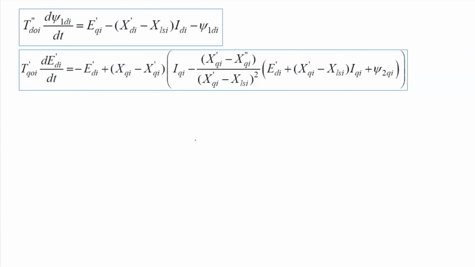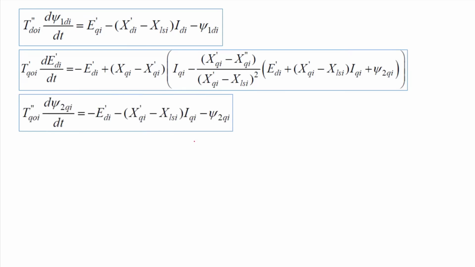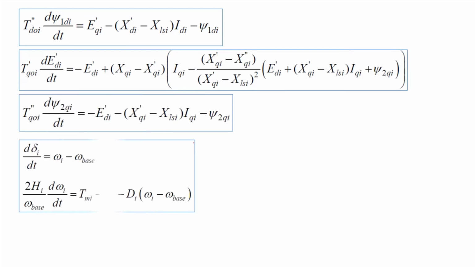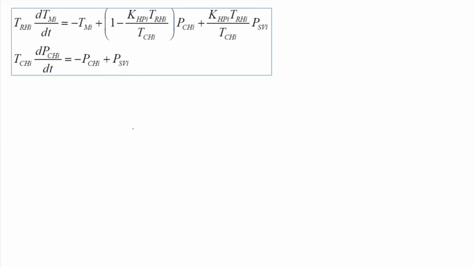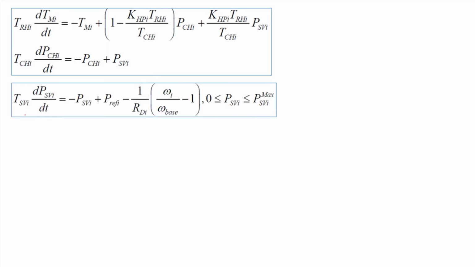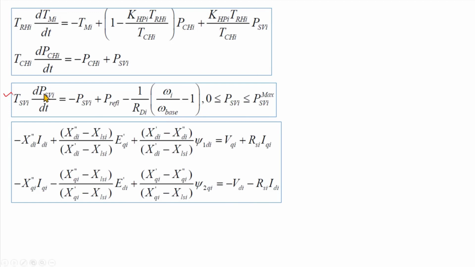These are all the differential equations associated with the stator, this is your swing equation, these are the exciter equations, these are your turbine dynamic equations, and this is your governor dynamic equation.